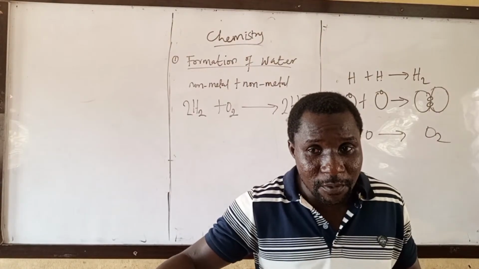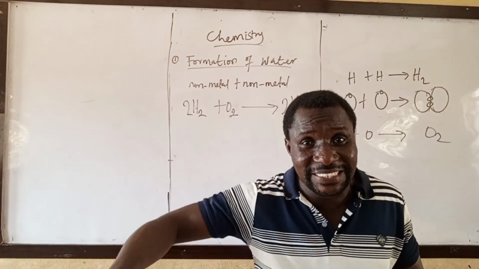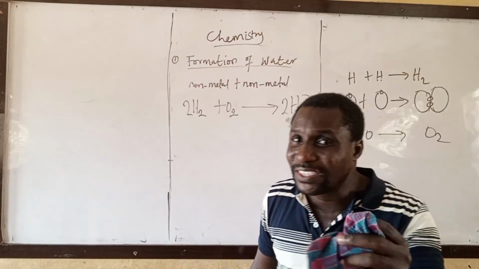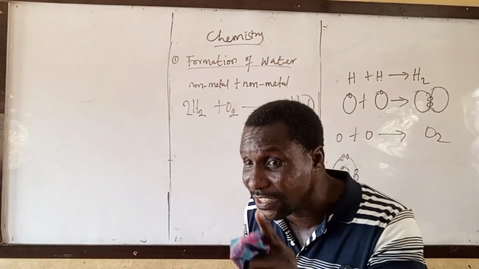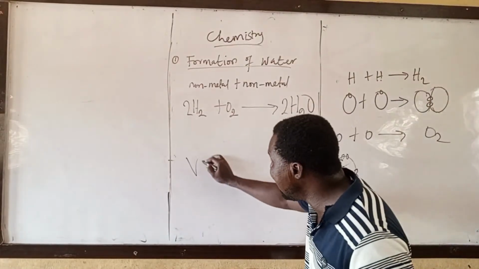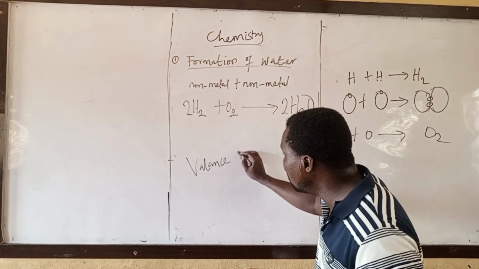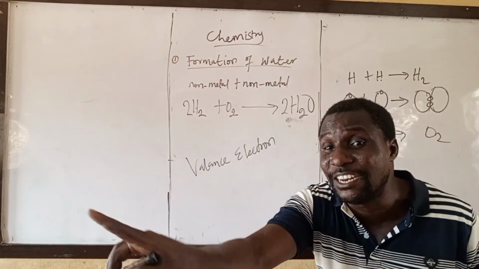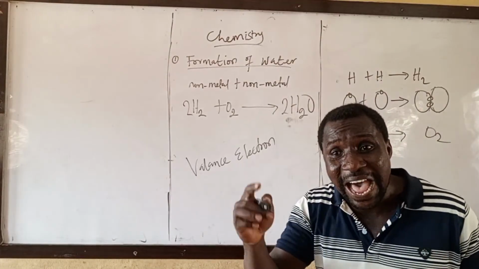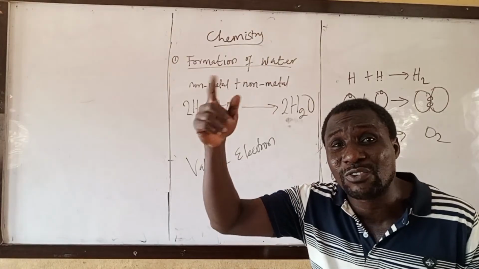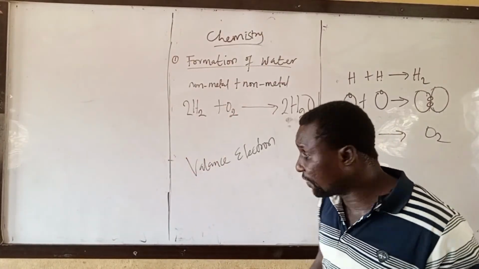I've explained before, but you were not here. What is valence electron? Take note, class. Valence electron means outermost what? Electron. The electron on the outermost shell. That is valence electron.